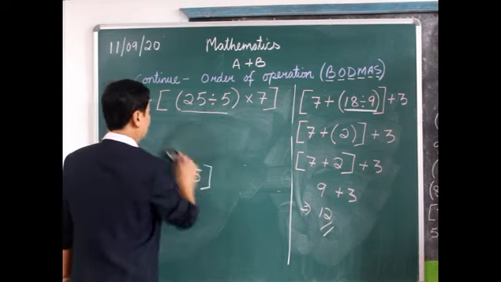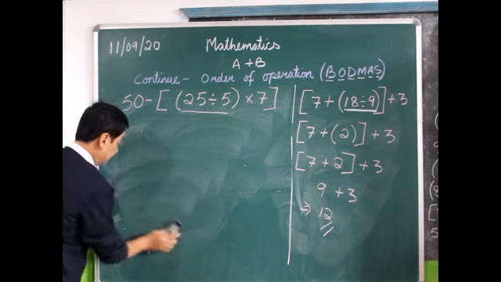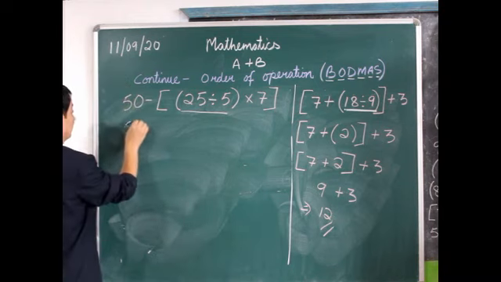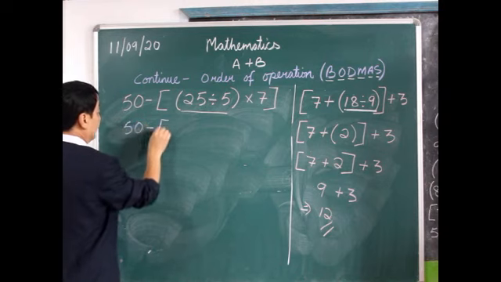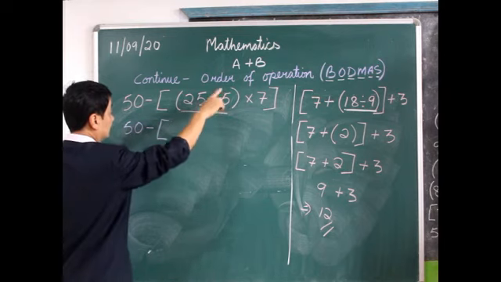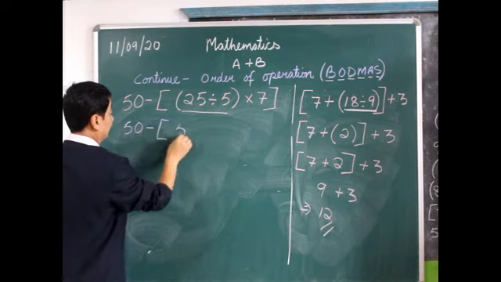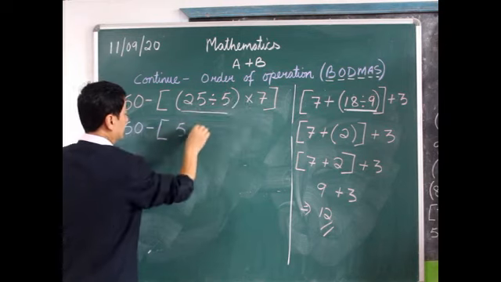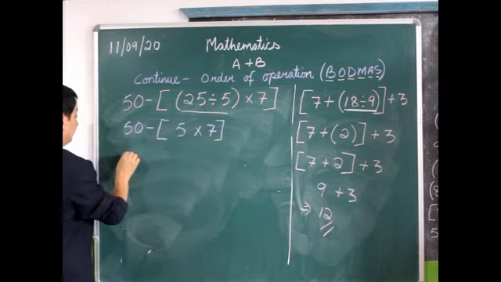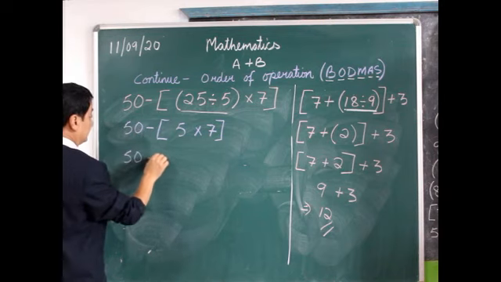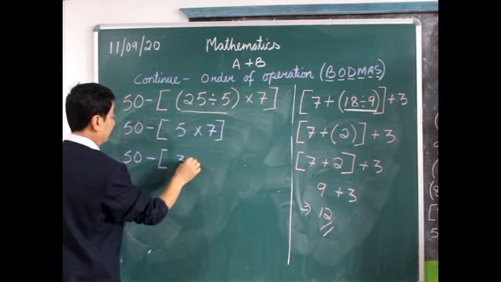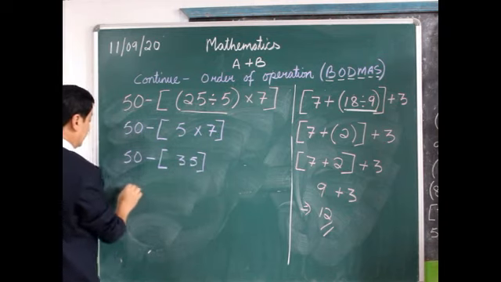Let us do this sum one last time. Ready? But a little faster. So, this 50 remains the same, bracket, do the sum that is inside this semicircle bracket, 5, we have opened the bracket into 7, close the bracket, 50, keep that bracket, 5 into 7, 35, close the bracket.